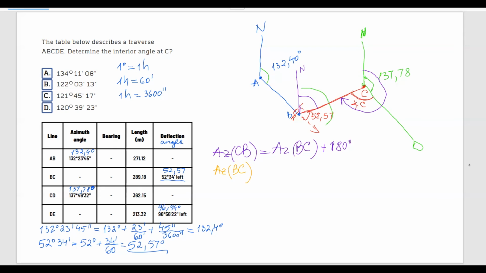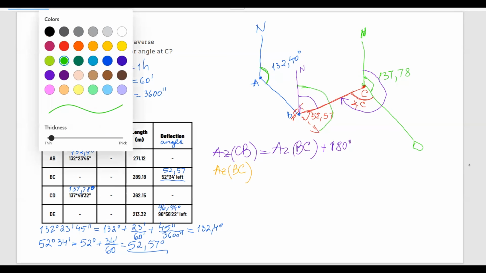So this is also the same angle as this one over here. It's just a little bit bigger because I don't know how to squeeze it there. Anyway, in order to calculate the azimuth of BC, we just take the azimuth of AB and subtract the deflection angle. Does that make sense? Let's go ahead and do that.